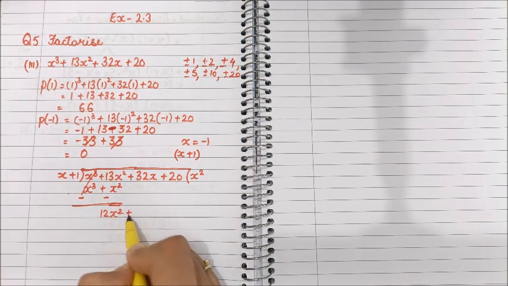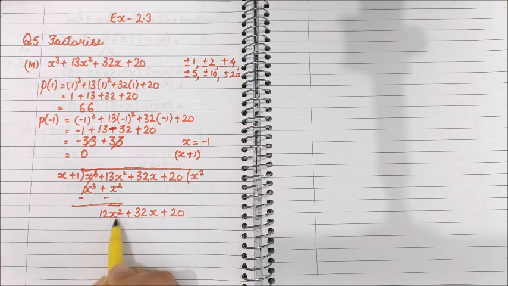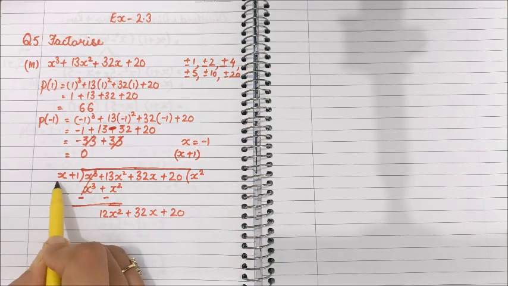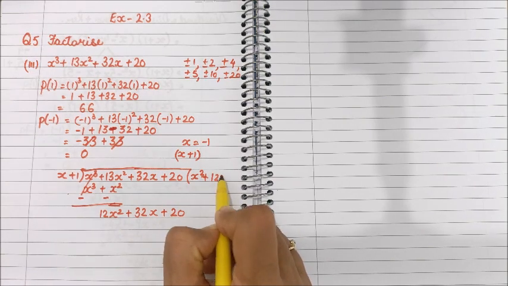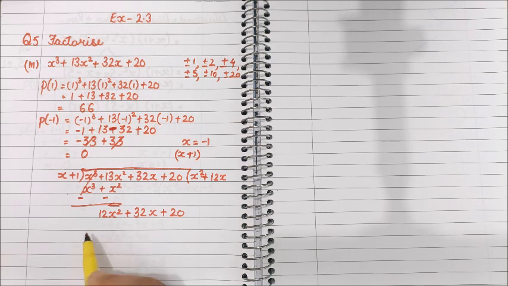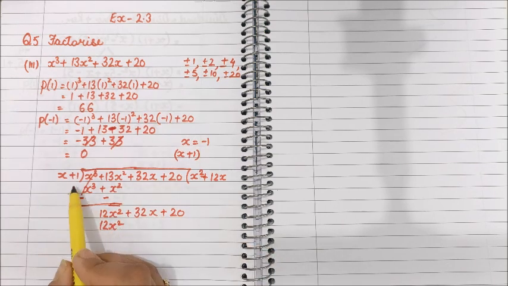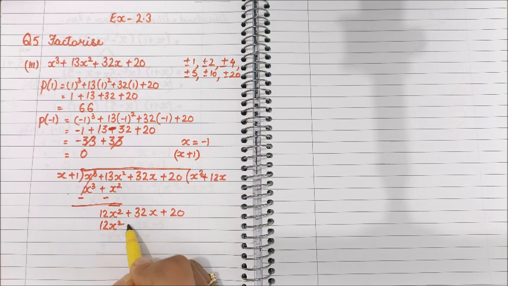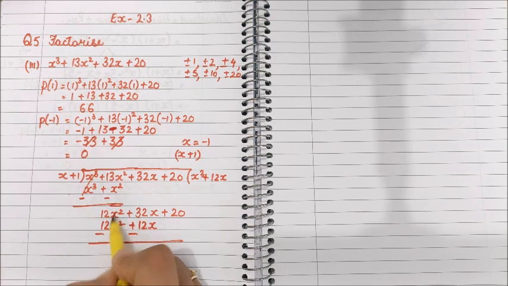Rest all I will take as it is. Now I want 12x square. So x I already have, I need 12 and x, because x and x will make 12x square. Now let's multiply 12x with 1. That will give me 12x. And now let's change the sign. This will cancel.